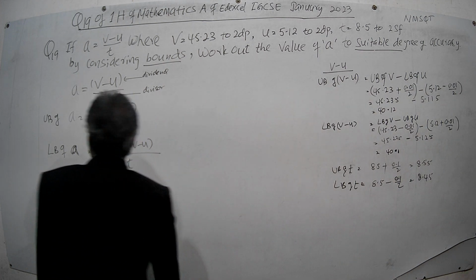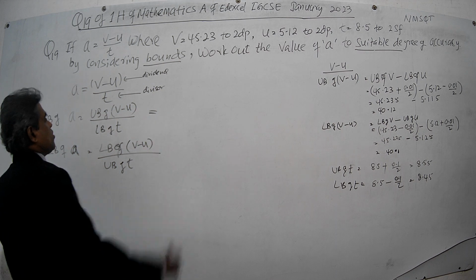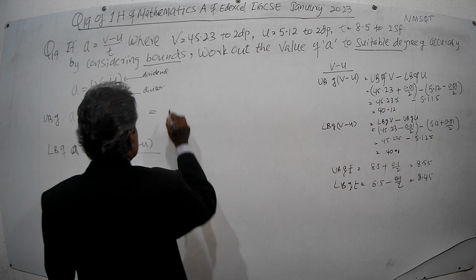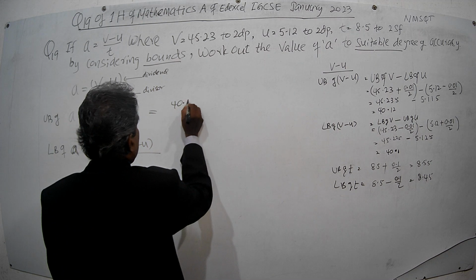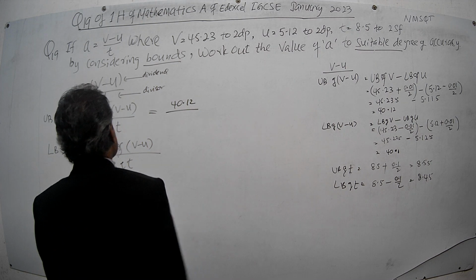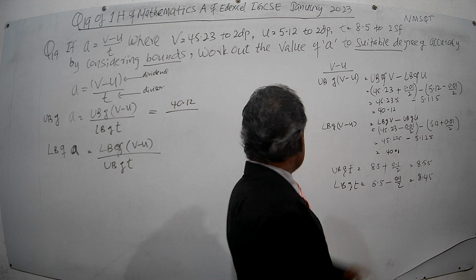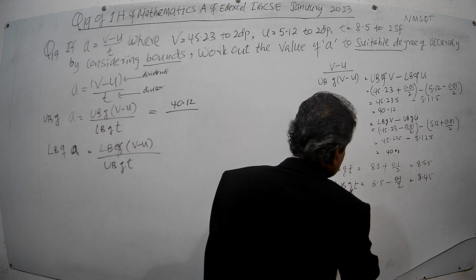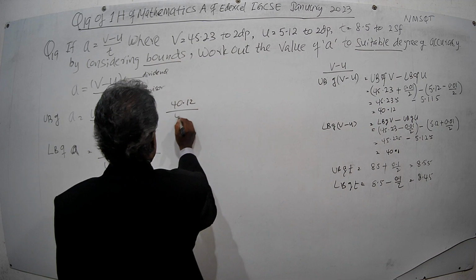Now we can substitute. Upper bound of A is the upper bound of V minus U, that is 40.12, divided by the lower bound of T. What is the lower bound of T? 8.45.